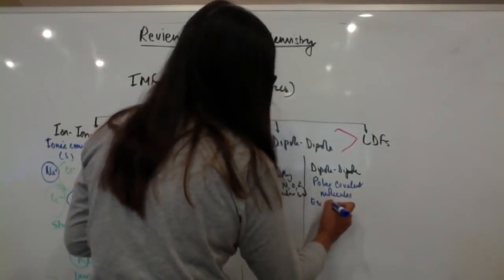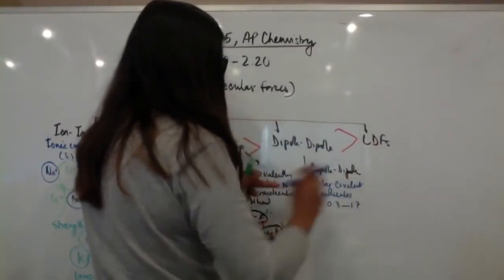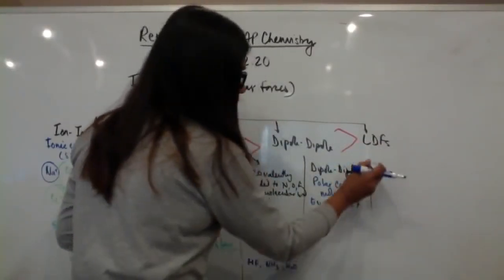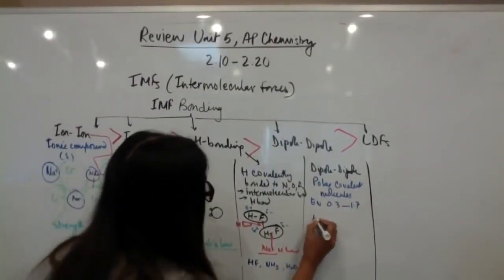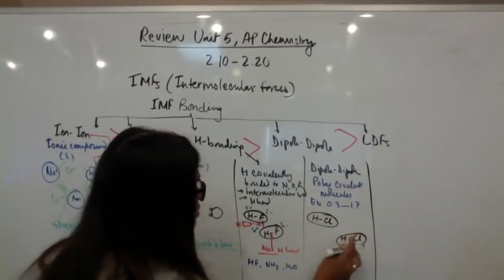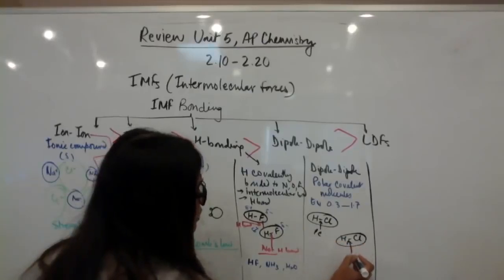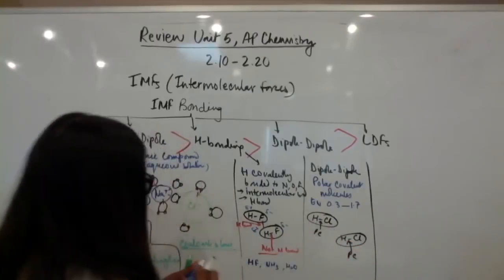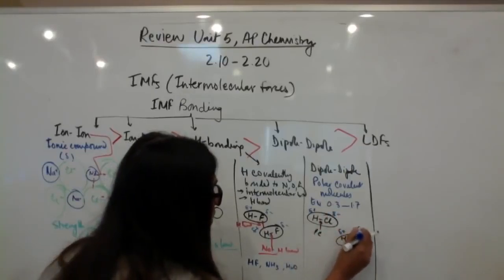When electronegativity difference is between 0.3 and 1.7, then we know it is a polar covalent molecule. And in that case, like if you have HCl and HCl, this bond is polar covalent. So it gets polarity. This end is positive, this end is negative.